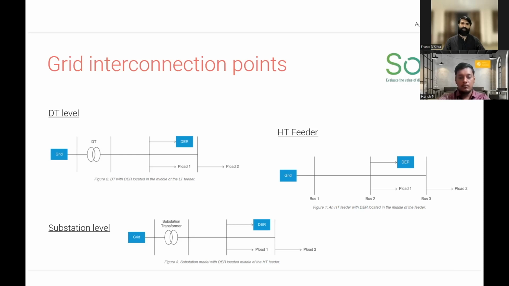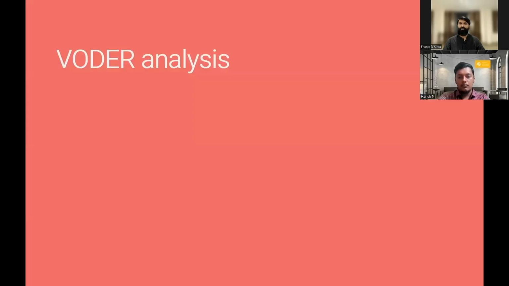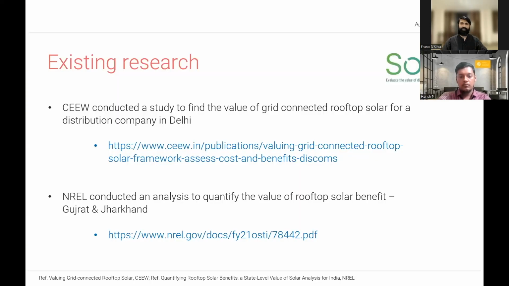Further, to explain what we consider in the VODER analysis, as mentioned earlier by Harish, VODER is the abbreviation for value of distributed energy resource. To determine the methodology, we took some existing research into consideration. There was a study conducted by CEW to find out the value of grid-connected rooftop solar, done with a distribution company in Delhi.